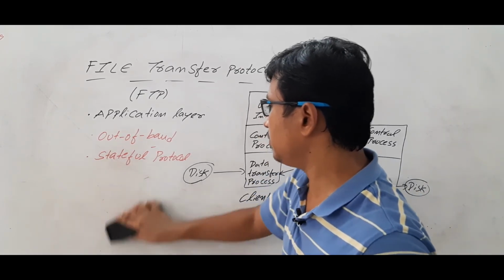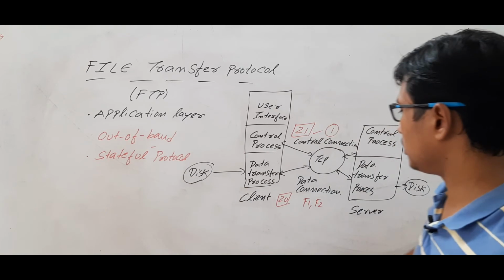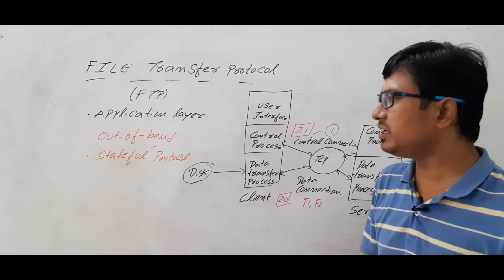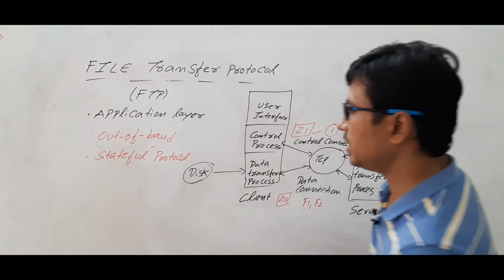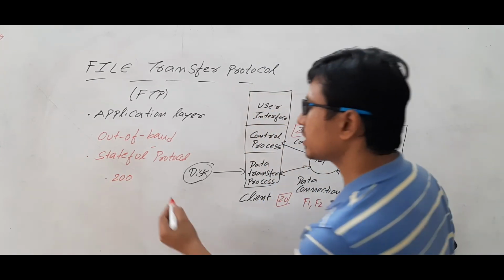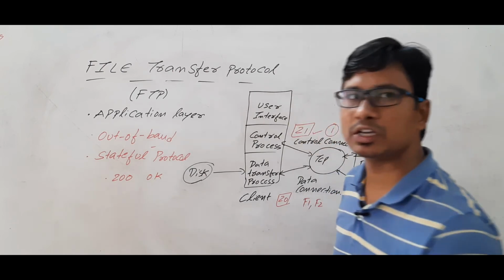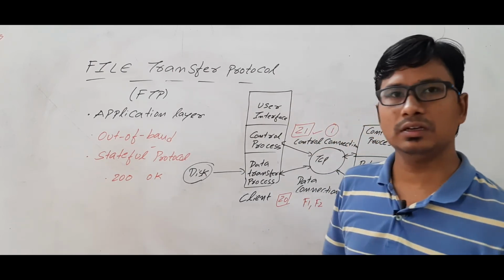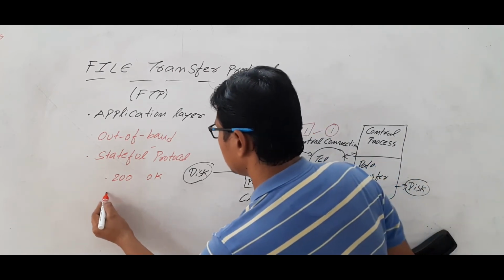We have also discussed the control commands it will send, and if the server has to give any response, it will give a code called 200, meaning whatever you are doing is okay. Say your username and password are correct, then it will respond okay.